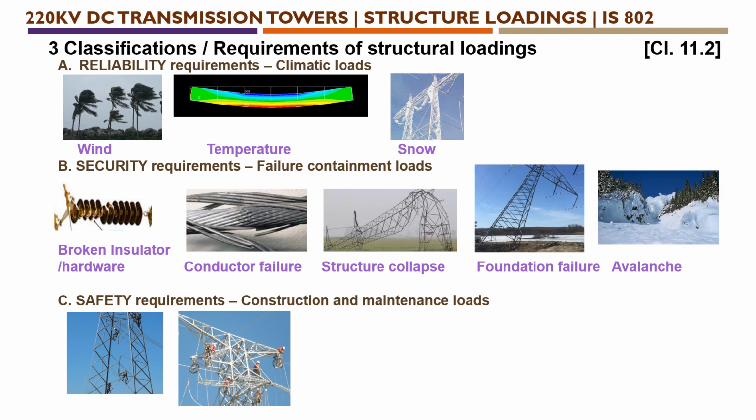And the fourth one is foundation failure. There may be some differential settlement in the transmission line tower foundation due to poor soil behavior, so the entire transmission line tower will tilt, as shown in the picture.